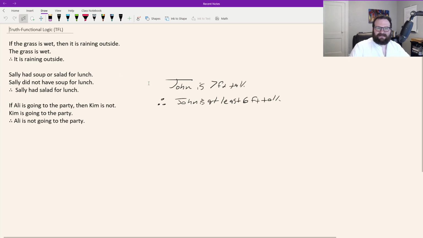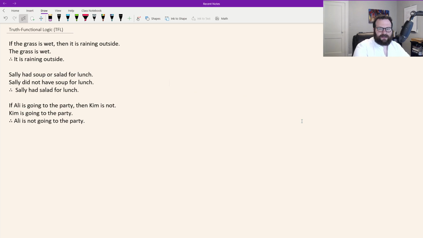Well, because TFL is only looking at the structure of arguments, right? And the structure of this argument isn't doing enough, right? We need the meaning of the terms in order to see that this argument is valid.